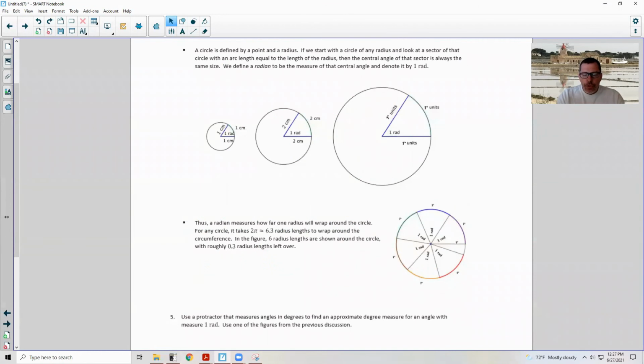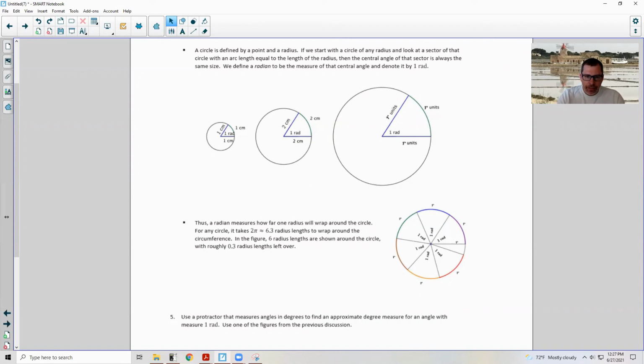Okay, so here's what you see on your page. A circle is defined by a point and a radius. If we start with a circle of any radius and look at a sector of that circle with an arc length equal to the length of the radius, then the central angle of that sector is always the same size.